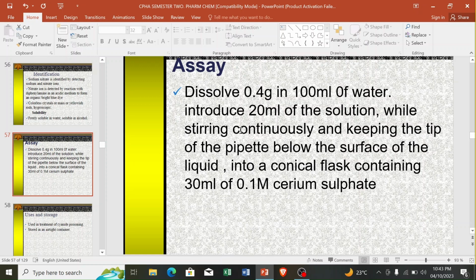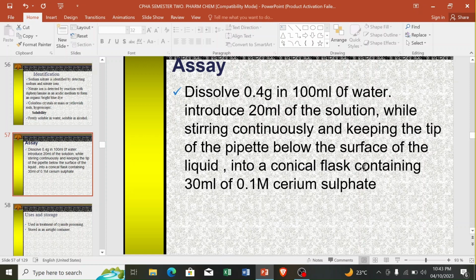So we first dissolve it to form a solution, and then we shall pick 20 ml of that solution, while stirring continuously and keeping the tip of the pipette below the surface of the liquid, into a conical flask. So you pipette out 20 ml of whatever you have mixed into a conical flask.